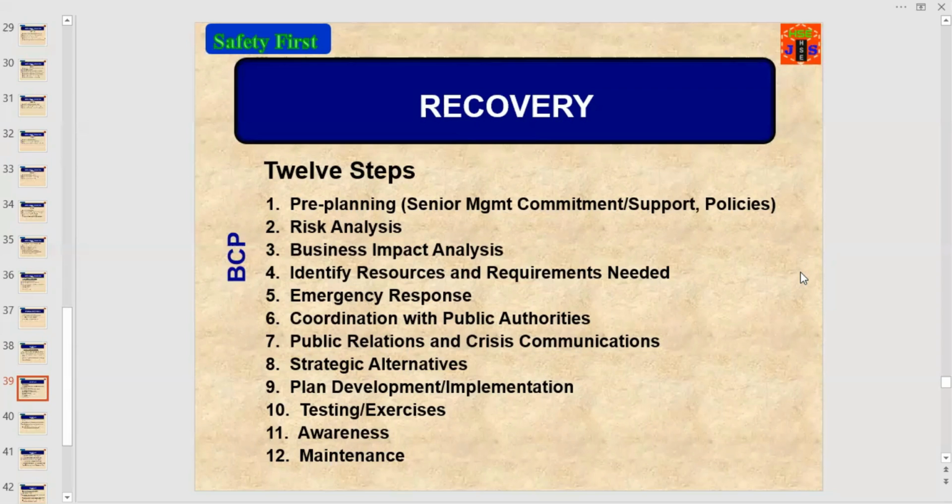Number six, coordination with public authorities. Number seven, public relations and crisis communications. Number eight, strategic alternatives. Number nine, plan development and implementation. Number 10, testing and exercises. Number 11, awareness. And number 12, maintenance.